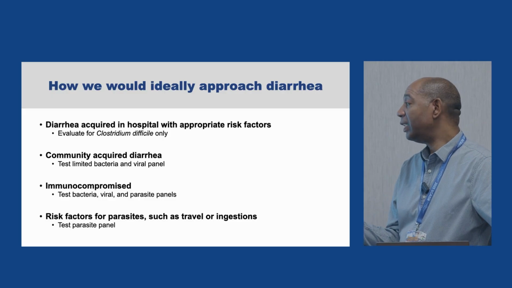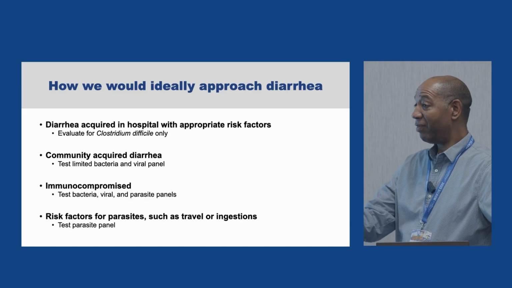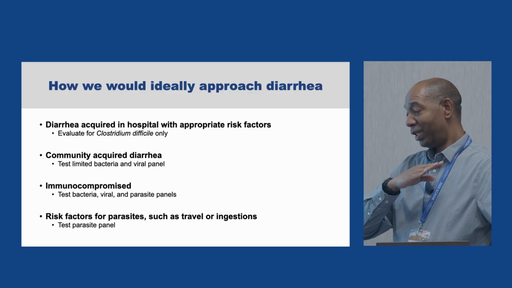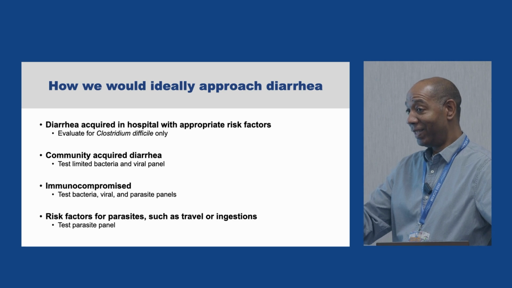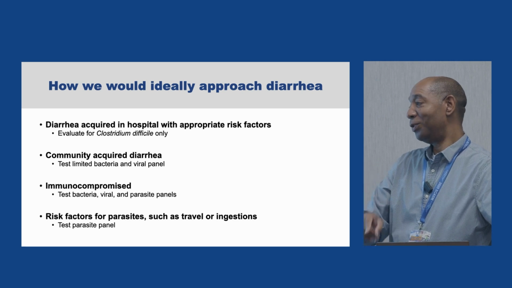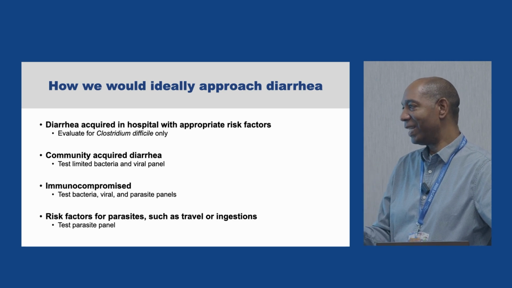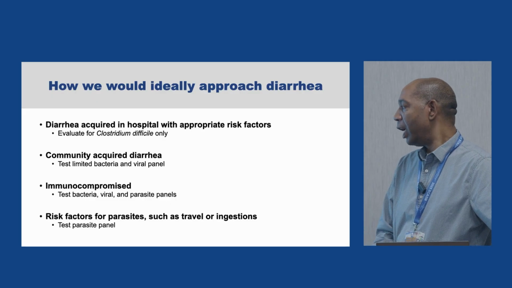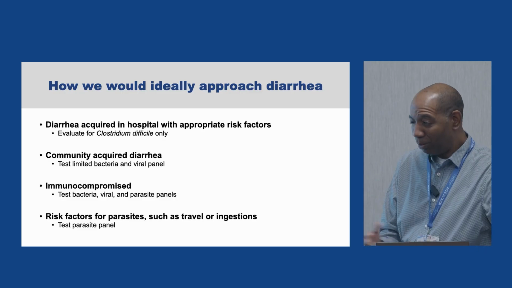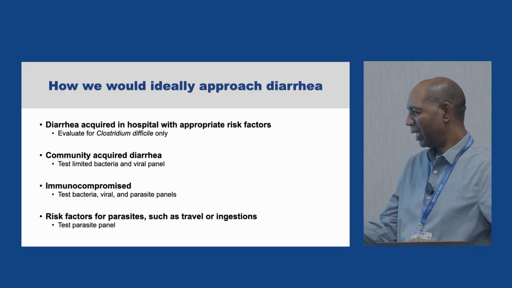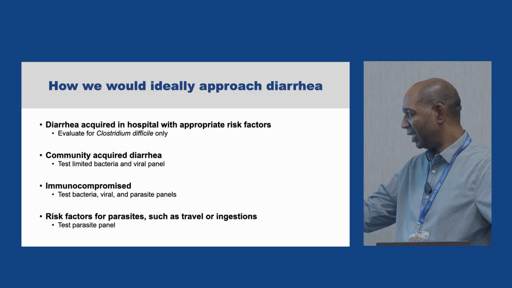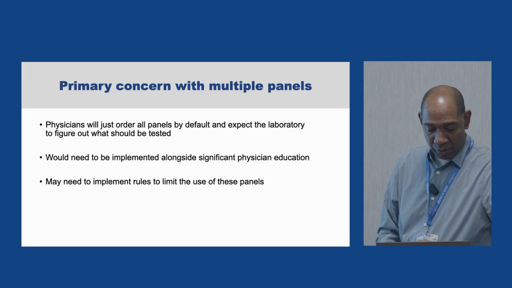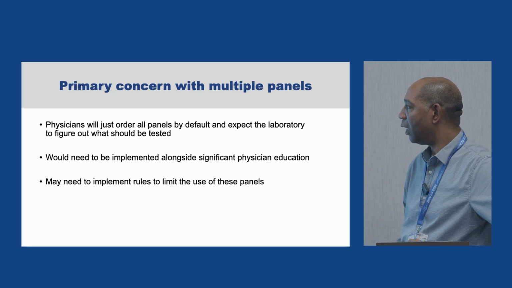So what we tend to do is we tend to just have an algorithm. If you check every box, this is what we do. And we make it completely black and white. We advertise it. So there's, in essence, no gray area. People know what happens if they check every box. So that's probably what we would do in the sort of situation of having a test like this where there's a ton of flexibility.